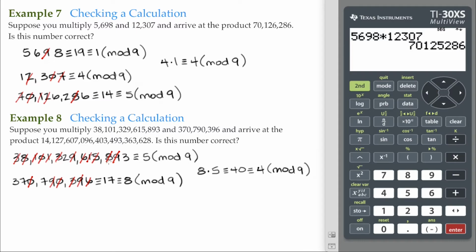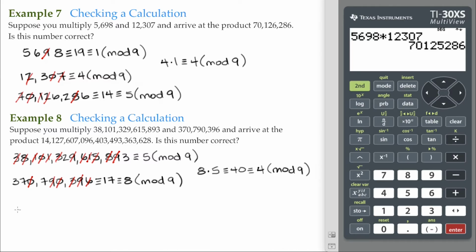So if I multiply this number to this number and then divide it by 9, I'm going to come up with a remainder of 4. So if this product does come out to be this large number, then if I divide this number here by 9, I should come up with the same remainder of 4.